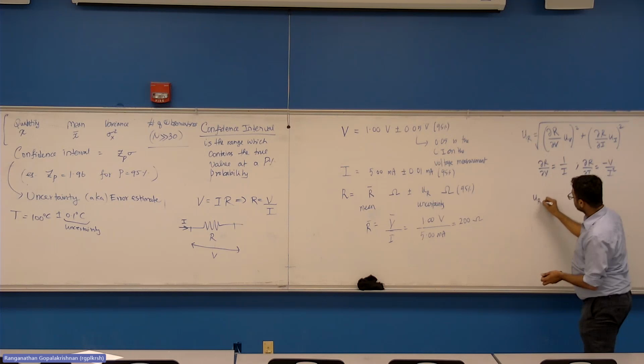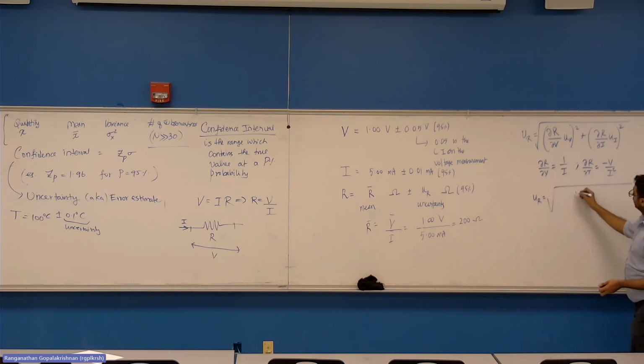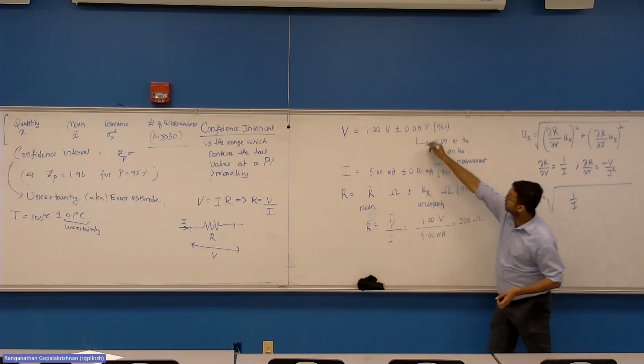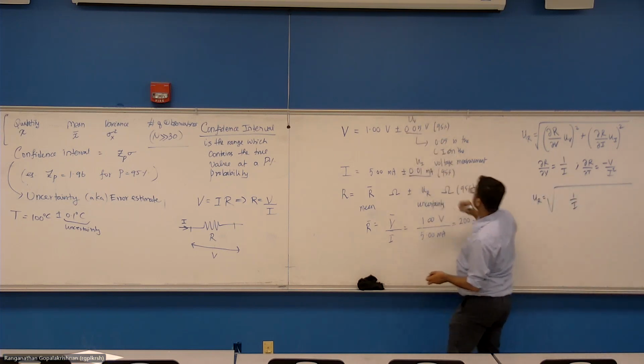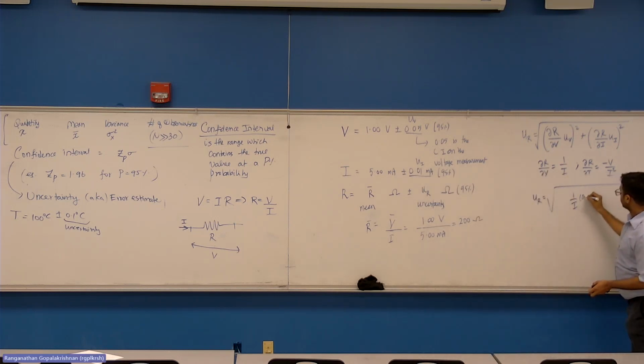So uncertainty in R is the square root of 1 over I times UV, which is 0.05 volts, squared, plus minus V over I squared times UI, which is 0.01 milliamps, squared.